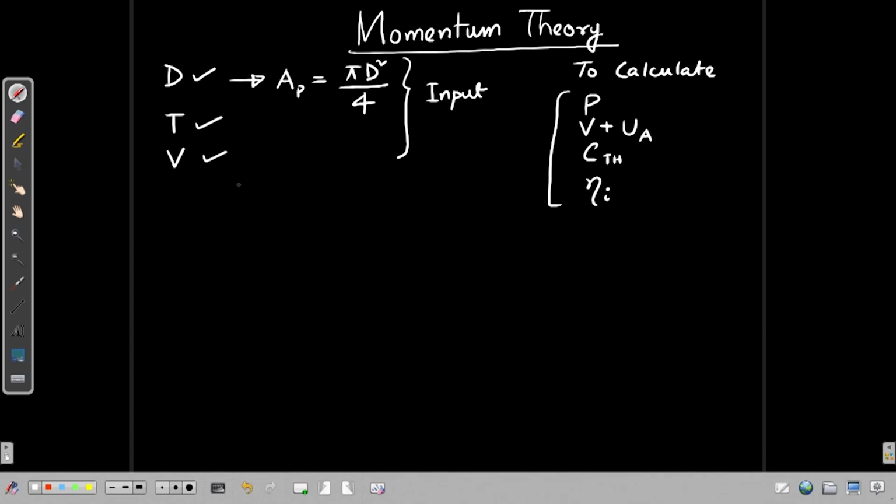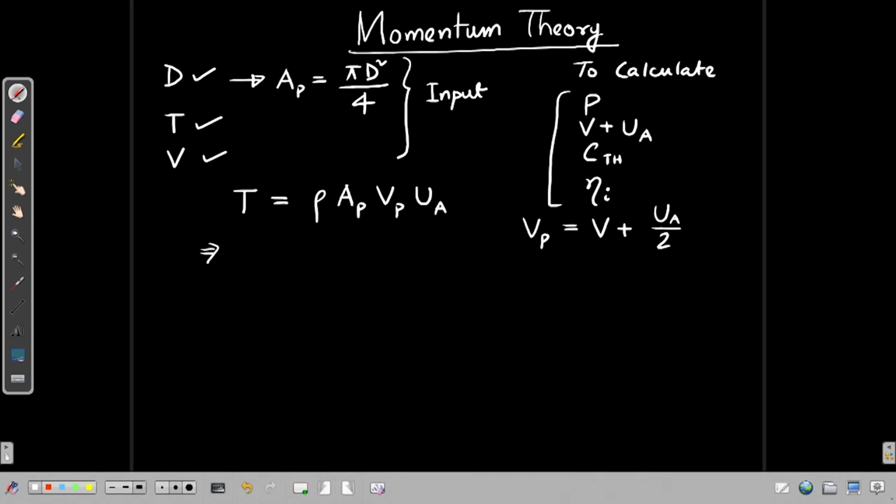We start with the given value of thrust and the equation for thrust with respect to the velocity components, which is given by T is rho AP Vp into UA, where UA is the axial induced velocity and Vp is the velocity at the propeller, which is the velocity of advance or the inlet velocity plus half of the induced velocity far astern, right.